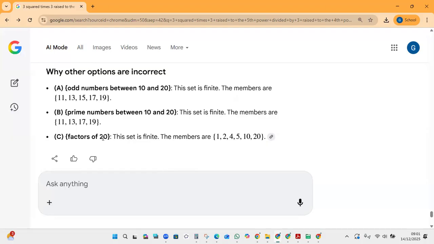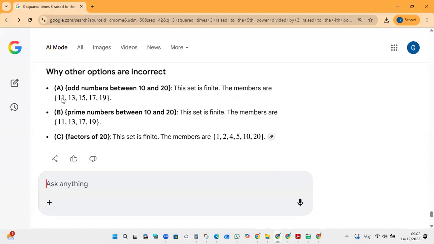B, prime numbers between. Again, you've got a lower limit and an upper limit. So it does not continue infinitely. This set is finite also. The members are 11, 13, 17, and 19. Prime numbers, numbers that have only two factors.